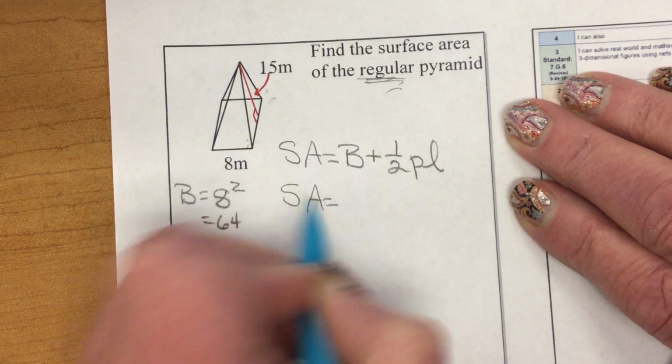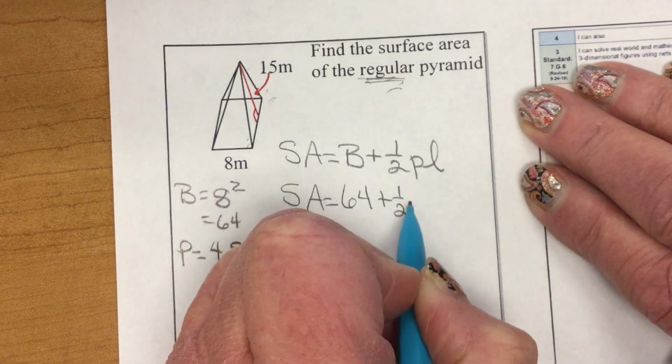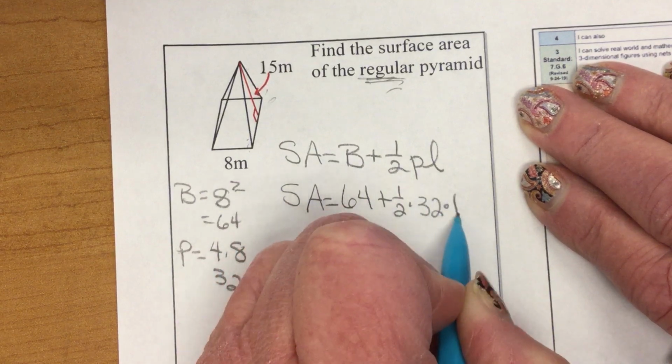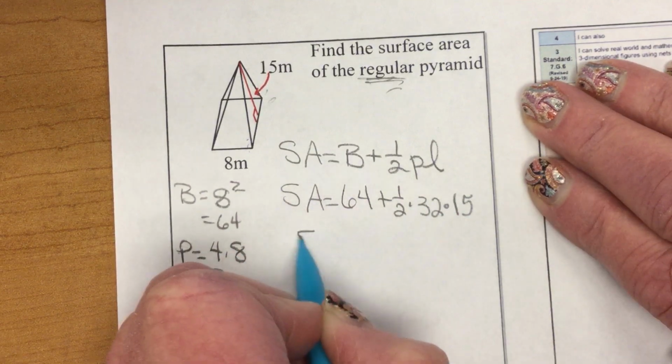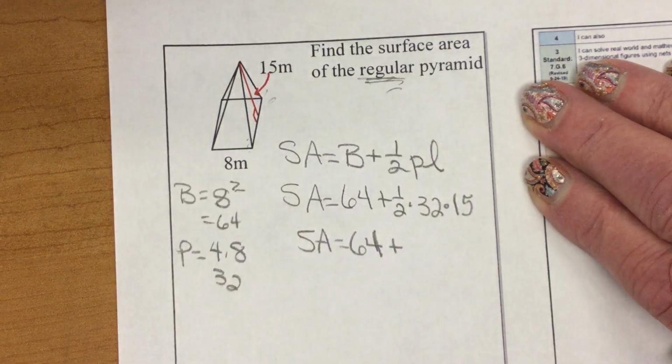Surface area equals 64 plus 1/2 times 32 times 15. 64 plus 1/2 of 32 times 15, 240.